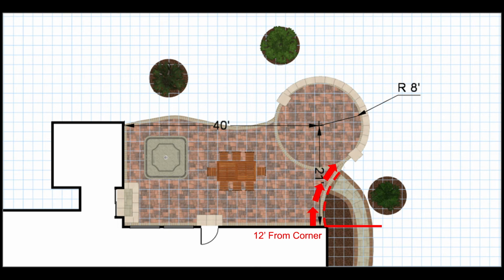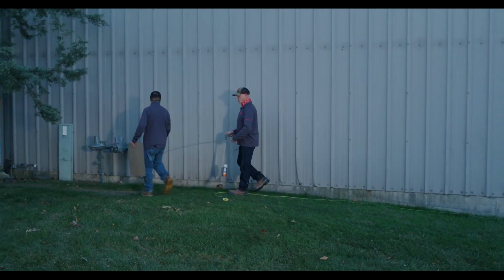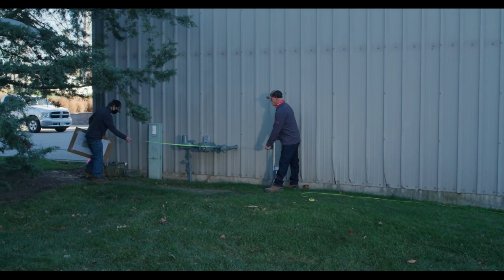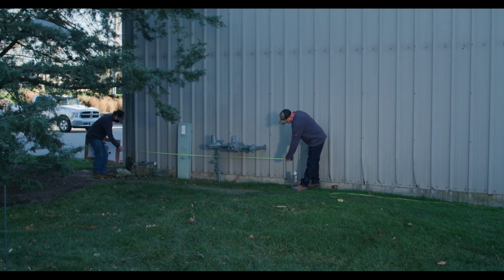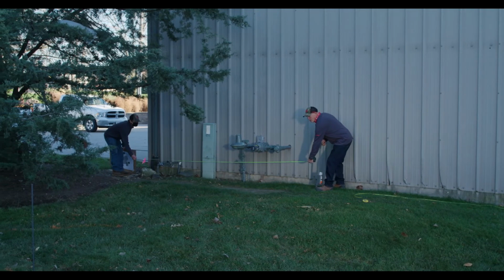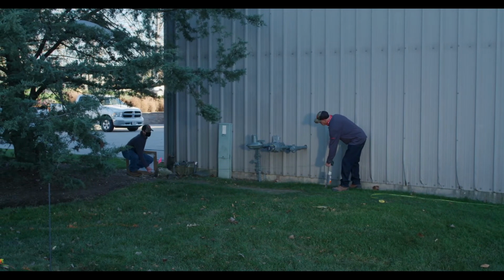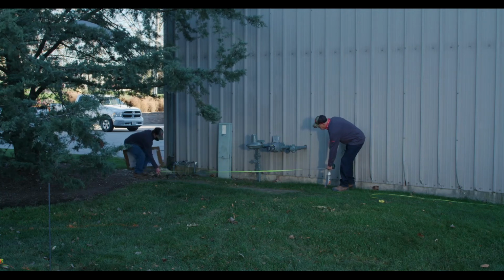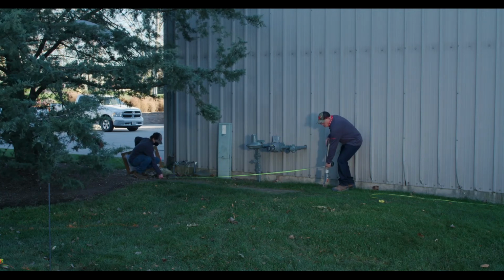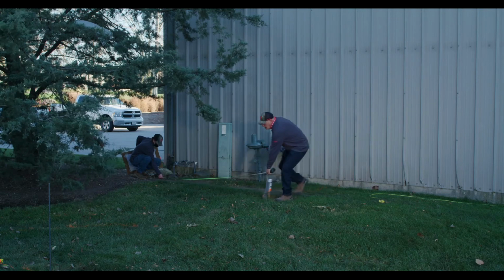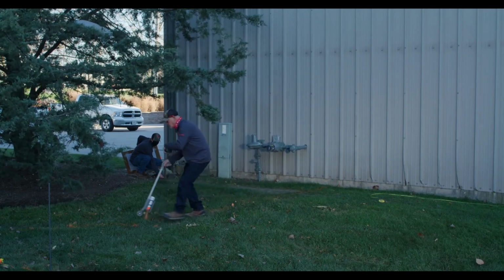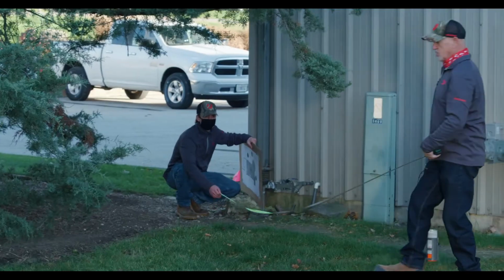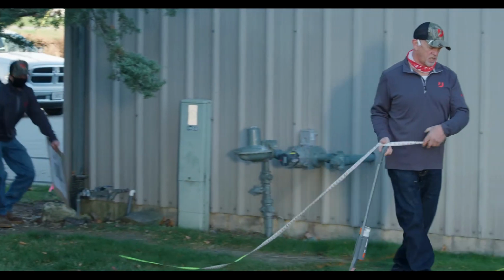So Jim, if you'll hold my tape measure at that distance at 12 foot, right about there. Okay, hold that please down. All right. And I'll transition that into our outside edge of the patio. So that's a simple installation technique.